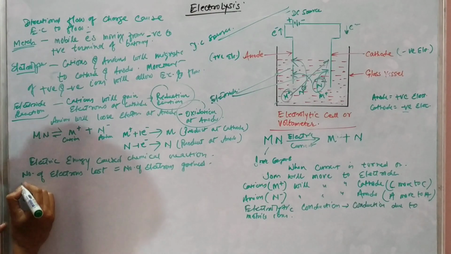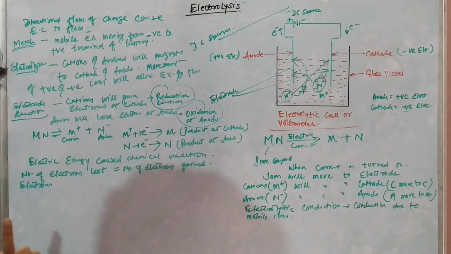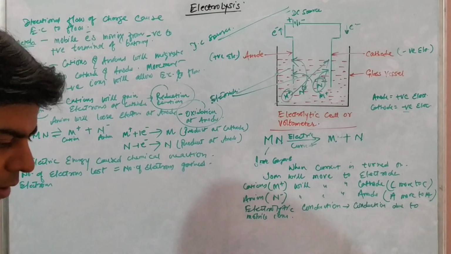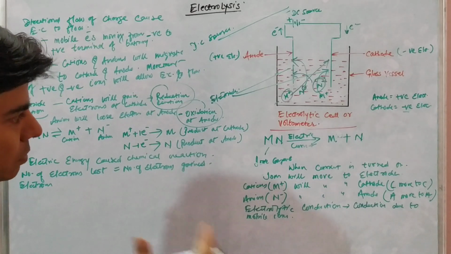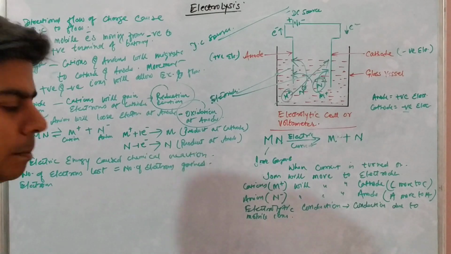I'll just mention it over here. Just take down all these notes, because this is very important to understand this chapter, right? Because after this you will see the electrolysis of different chemical compounds.